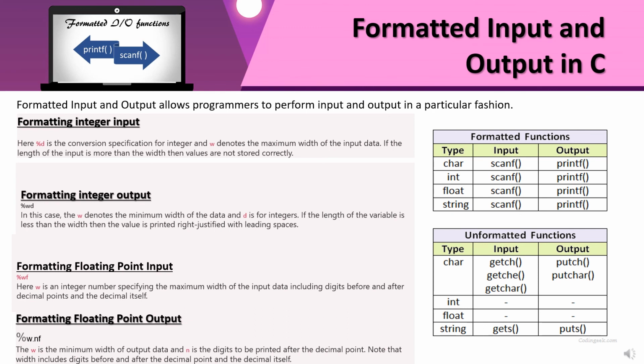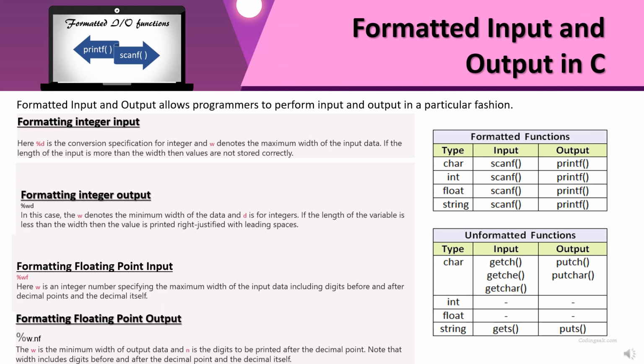For formatting floating point input, %wf, here w is an integer number specifying the maximum width of the input data including digits before and after the decimal point and the decimal itself.